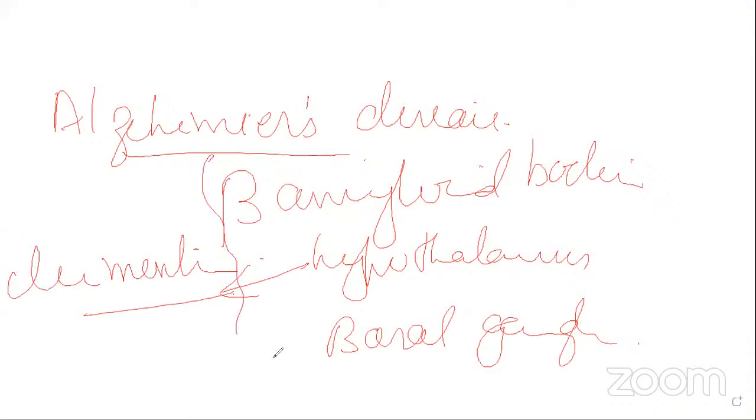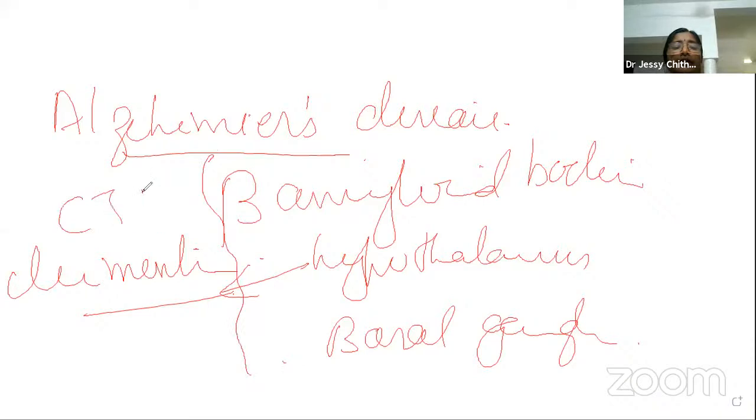In CT scan, the finding is beta amyloid bodies in hypothalamus and basal ganglia. So a defect in protein folding leads to prion disease.